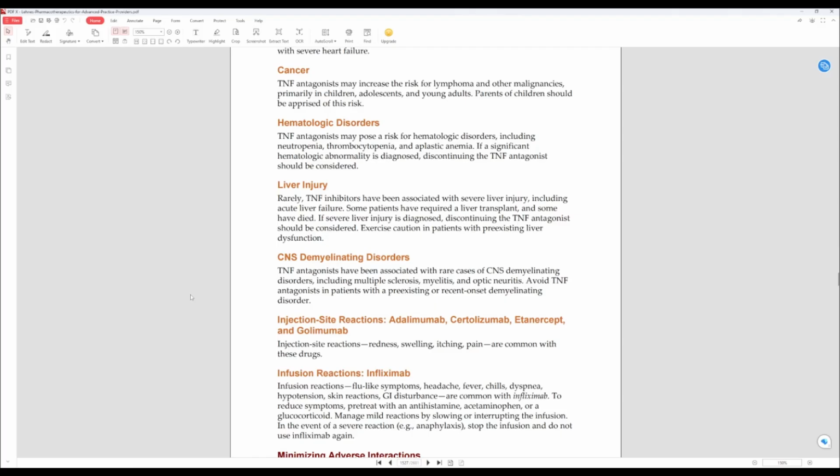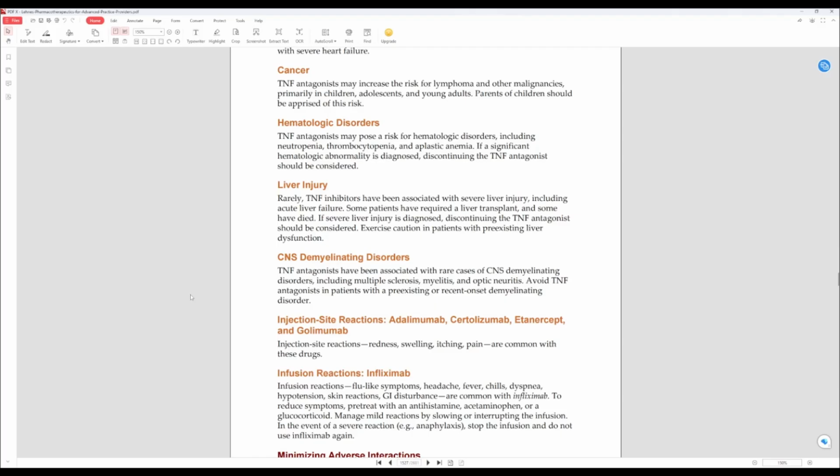If there is a significant hematologic abnormality or it has been diagnosed, discontinue the TNF antagonist. Liver injury. Rarely, TNF inhibitors have been associated with severe liver injury, which includes acute liver failure. Some patients have required a liver transplant and have died. If severe liver injury is diagnosed, discontinue the TNF antagonist.